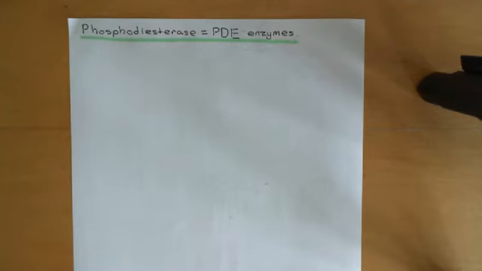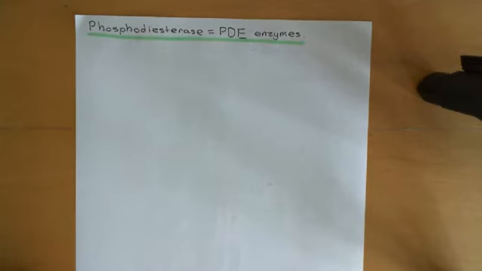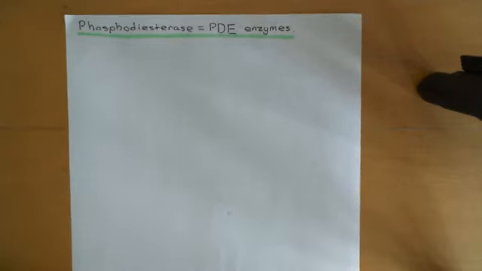Some of them are what are known as cyclic GMP specific phosphodiesterases, and they actually break down only cyclic GMP and not cyclic AMP. So a very analogous molecule to cyclic AMP, but obviously different in what it does. And I'll highlight those phosphodiesterase enzymes when we're going through the different phosphodiesterase enzymes.